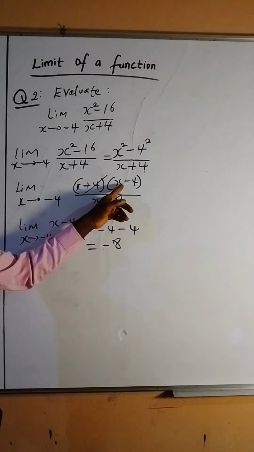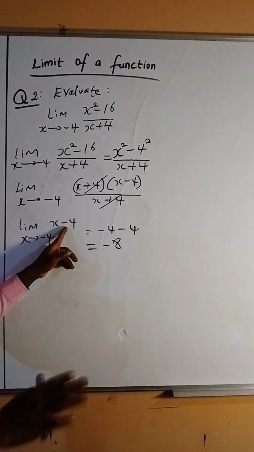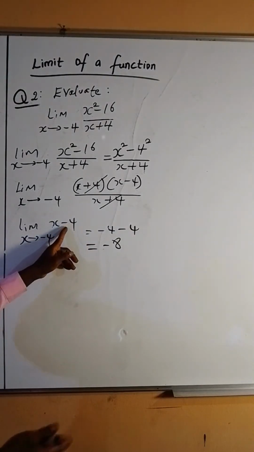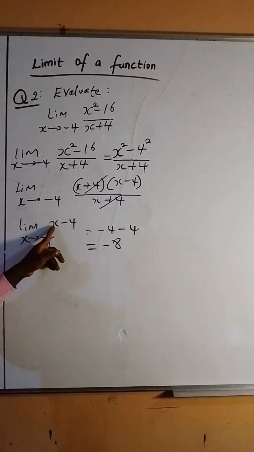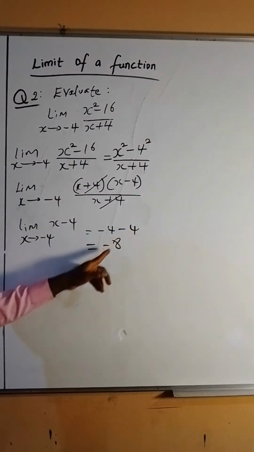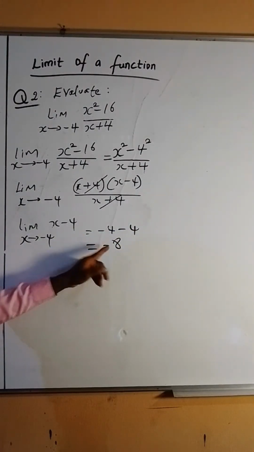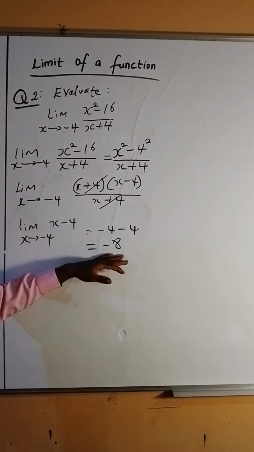We are now left with x minus 4. With this, we now have the freedom to substitute the value of x given in this question, which is minus 4. So we have minus 4 minus 4, and this gives us minus 8. So this is the value we got for question number 2.